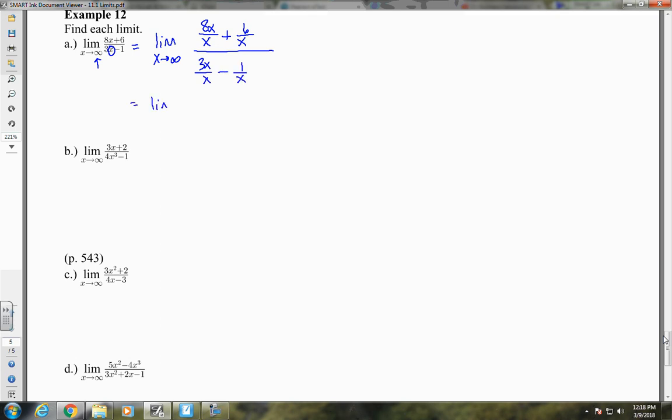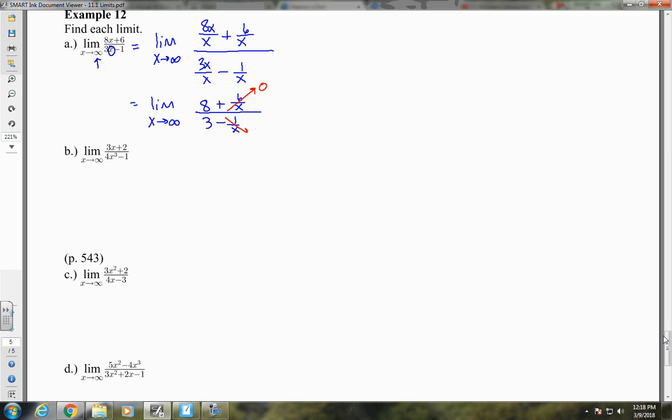So we have the limit as x approaches infinity of 8 plus 6 over x divided by 3 minus 1 over x. Now, as you read from the text, as x approaches infinity, 6 over x approaches 0. That is, as the denominator gets large without bounds, that fraction gets smaller and smaller.